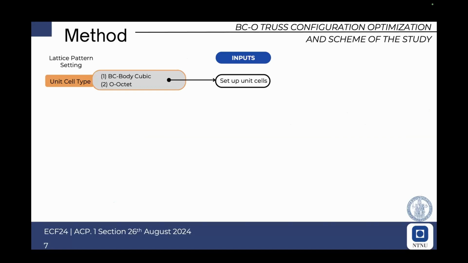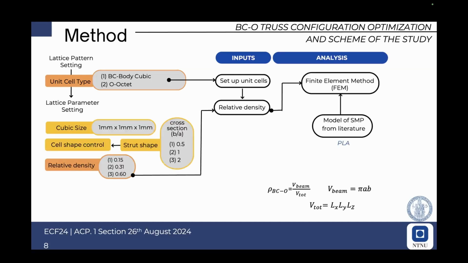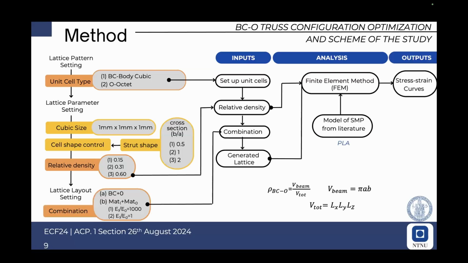So just to recall the steps that we went through. We first designed in our simulation the two topologies, the cubic and the octet. Then, of course, we set the parameters for these topologies. The cubic size was 1 by 1 by 1 millimeter, with 3 different cross sections for the strut shape in our set of configurations, and 3 different relative densities for the BCO structure at the end.